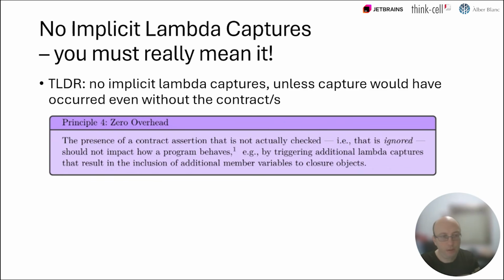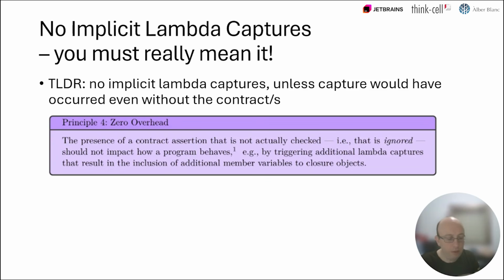And that pertains only to implicit lambda captures, as in equal or ampersand by themselves. And this stems directly from principle 4 in P2900. That's zero overhead. You are not allowed contracts, especially ignored contracts, to have any influence on the actual program.